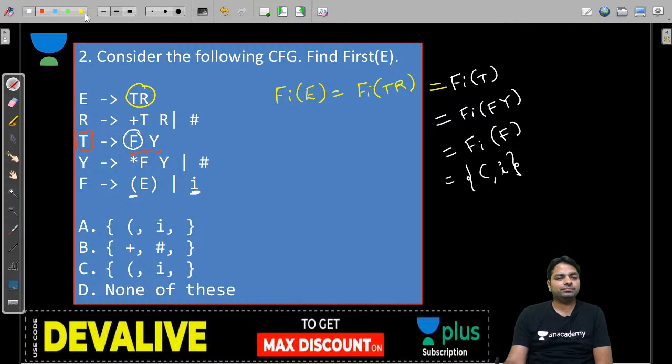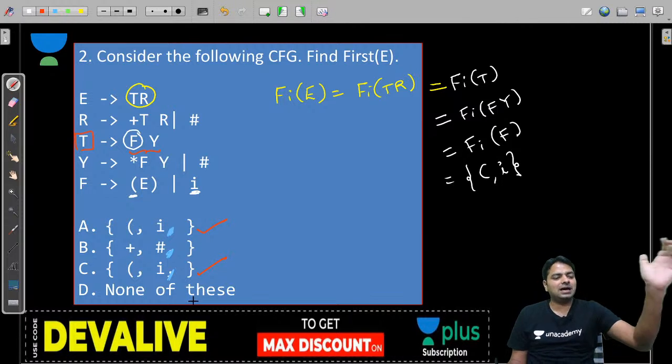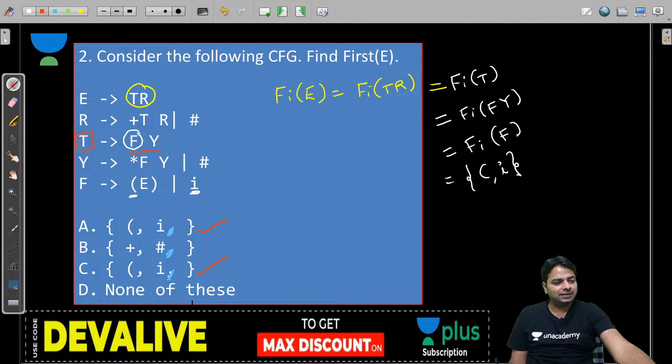Anyhow, here comma is not there, so ignore it. The answer is open parenthesis and I. It looks like option A and option C have a typo, guys. Both are right answers because they are the same. Yeah, good.